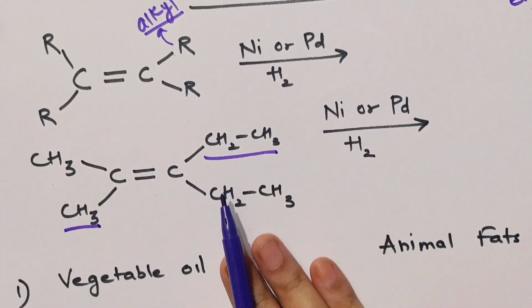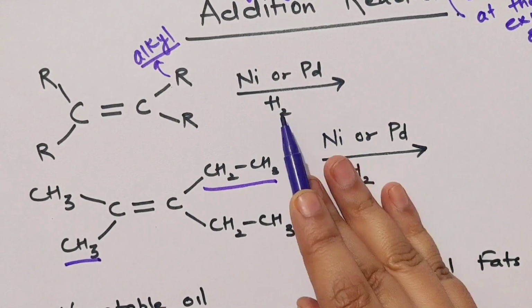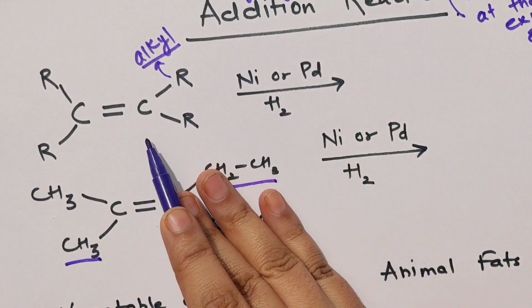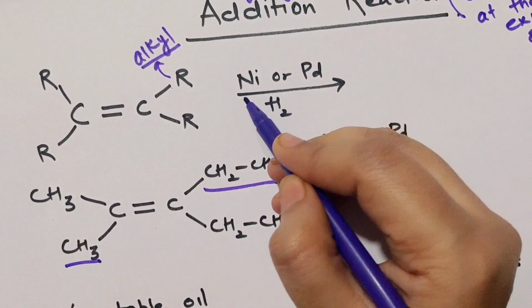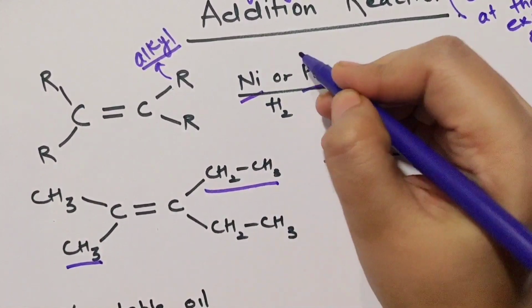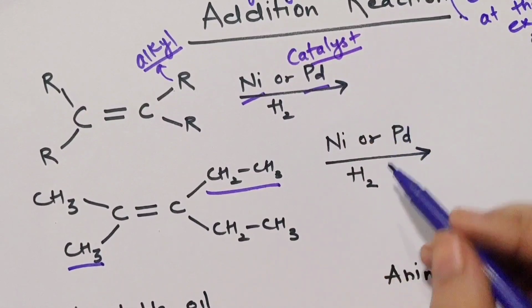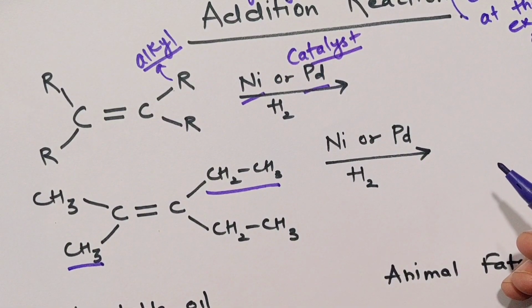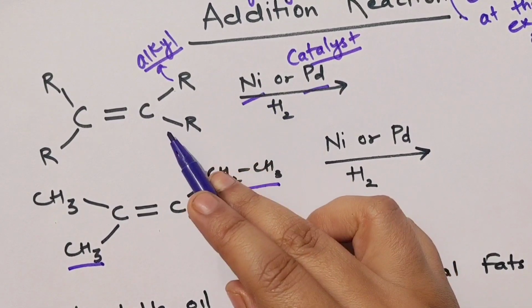Okay, now whenever hydrogen is being added to an unsaturated hydrocarbon in presence of nickel or palladium, they are catalysts. Their job is to just speed up the reaction. Okay, it's only hydrogen which is being added here.